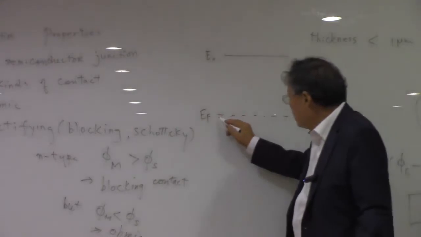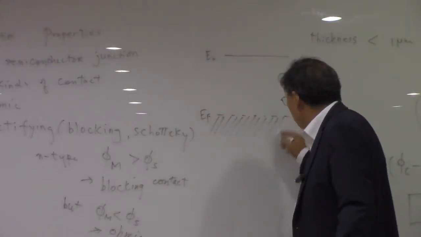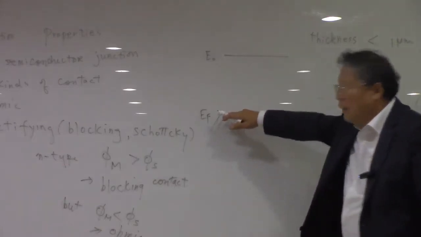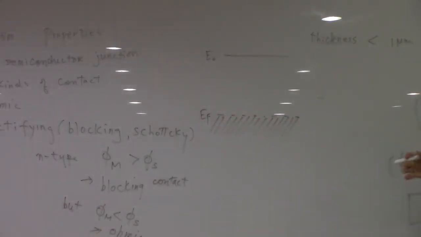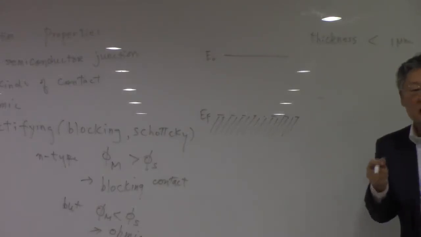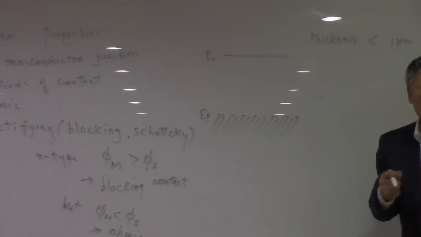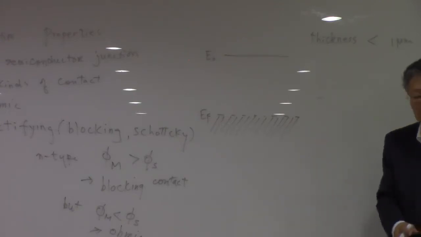It means that in a metal system, the electrons are filled up to the Fermi energy, so the definition of Fermi energy in a metal is the energy which the most energetic electrons can have. That is the definition of Fermi energies in a metal, right?